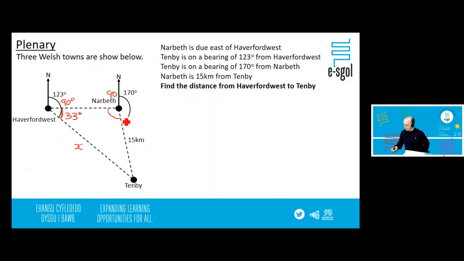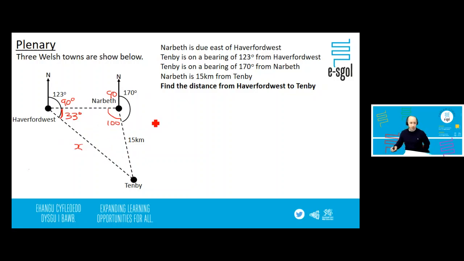We know angles in a full turn make up 360 degrees. So if I do 360, take away 170, take away 90, I'll have this angle here, which is 100 degrees. I said bearing there, that's slightly incorrect. It's not a bearing, it's an angle. Remember, bearings are always measured from north. So it's the angle within my triangle.